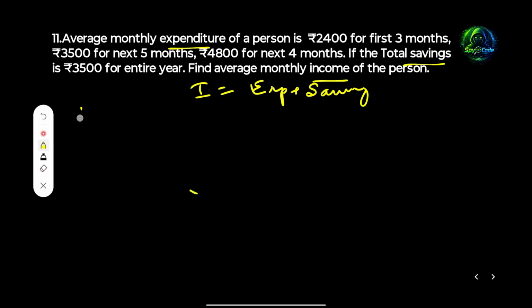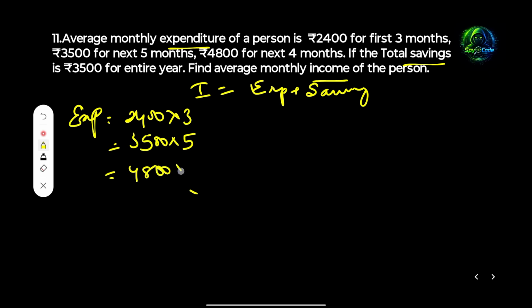So first, expenditure: 2400 for first 3 months, 3500 for next 5 months, 4800 for next 4 months.